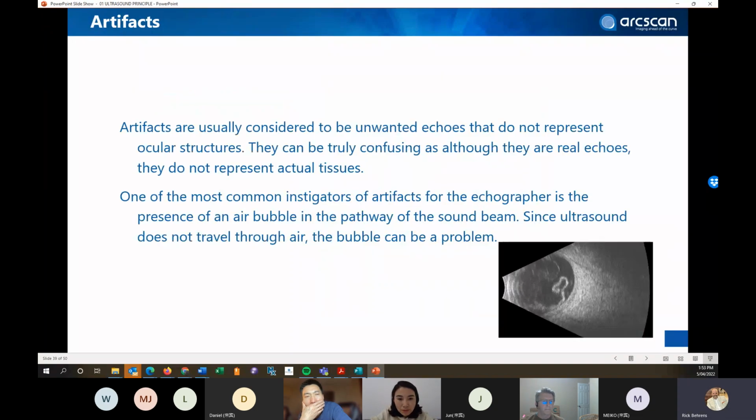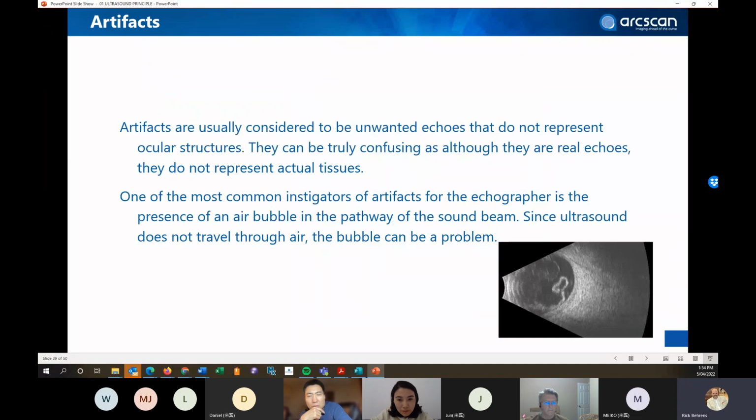Another thing to consider in order to produce a good image is the artifacts. Anything that is there in the middle, even a piece of metal or piece of plastic left in the eye seal. We have Cheng here, and Meiko, I believe, is going to be building our eye seals.